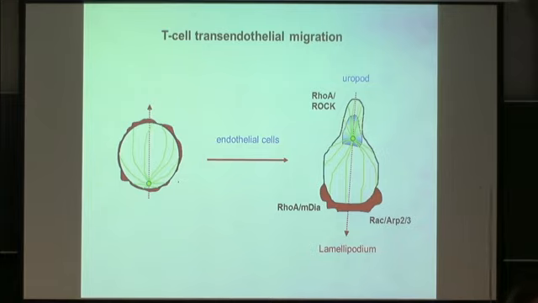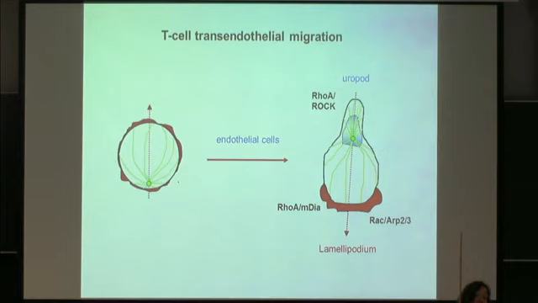My question is, do you have this competition of two opposite processes? Oh yes. It's possible that you don't have Rho A and RAC active in exactly the same place at the front of the cell. That's very spatial. But it has been shown by another group, at least in fibroblasts, that there's spatial separation.